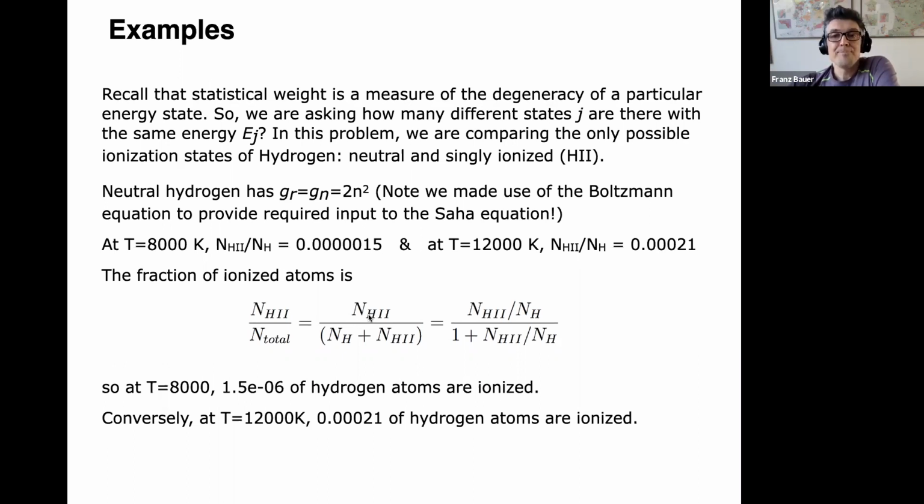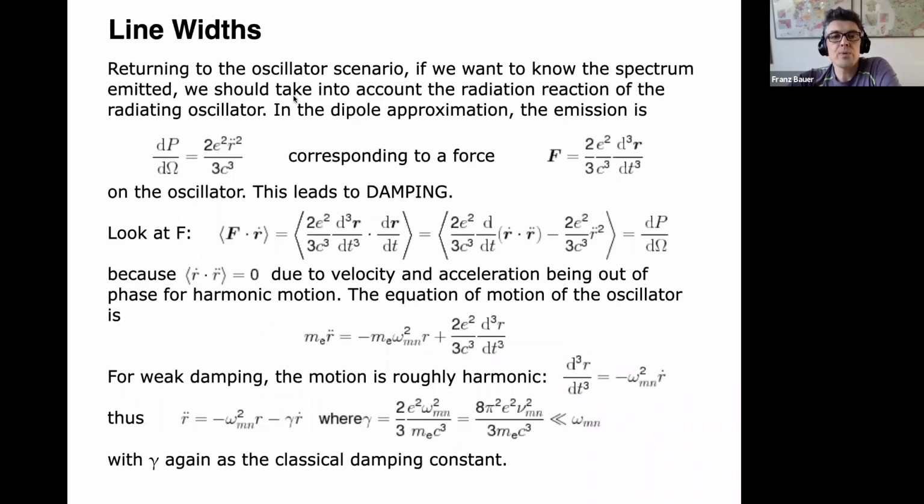Okay. So with that, we'll come back to the line width, which is an important factor here. If you recall the scenario we talked about, we think about the atom as an oscillator, and we want to know what the spectrum that is emitted will be like. We set up this radiating oscillator, and we had to take into account the radiation reaction.